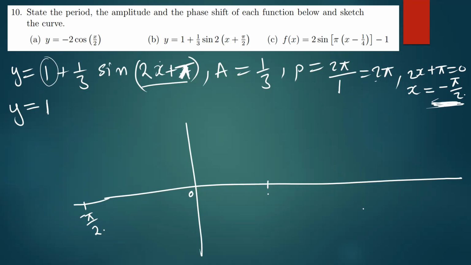Let me write it there, pi over 2. And then we'll also have pi over 2 plus pi over 2, which will give us pi there. And then plus pi over 2, it will give us 3 pi over 2. Then we also have 2 pi there.